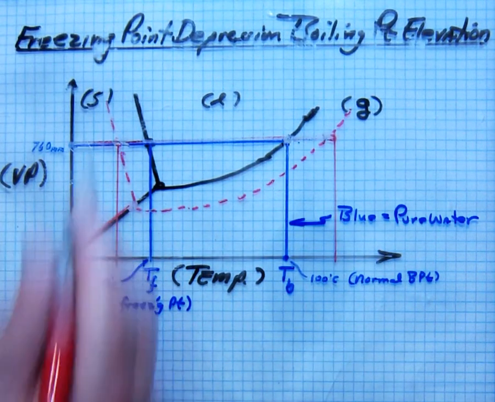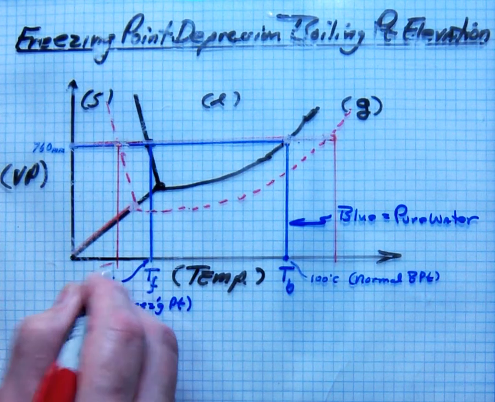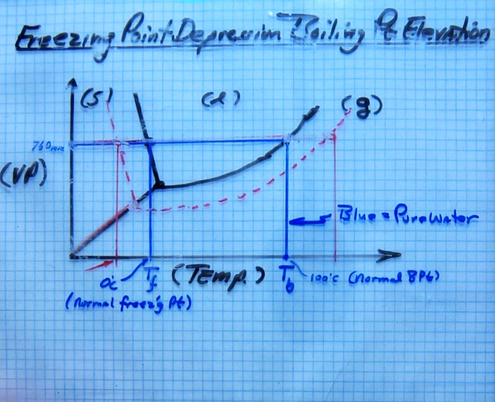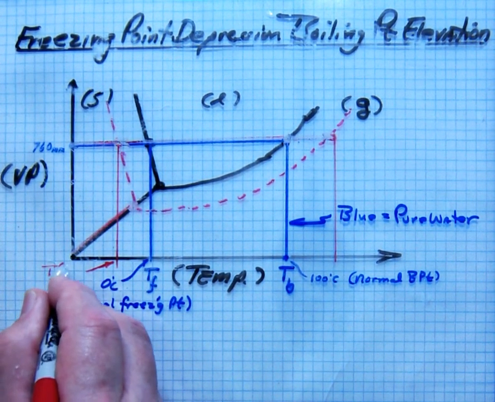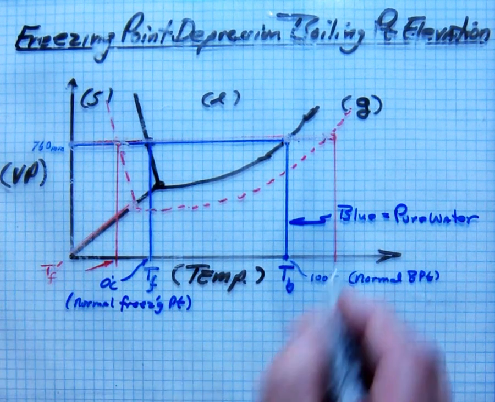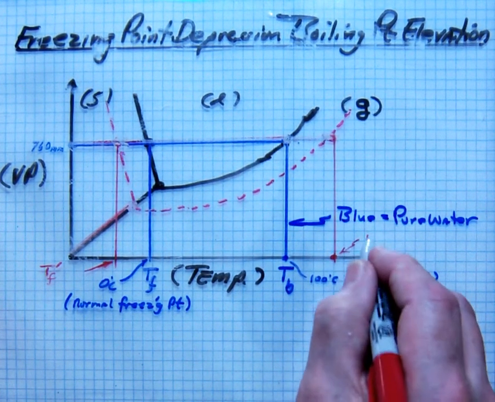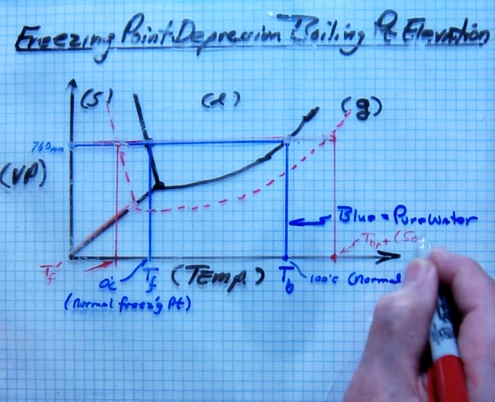So now the solution is your red lines, and this is a new freezing point. I'm going to call that TF prime right there. And over here we have a new boiling point, and this is of the solution.